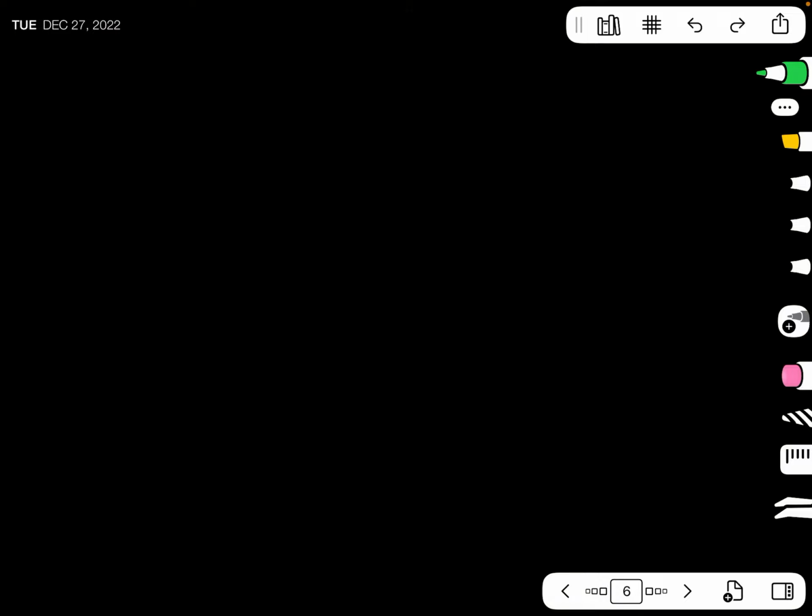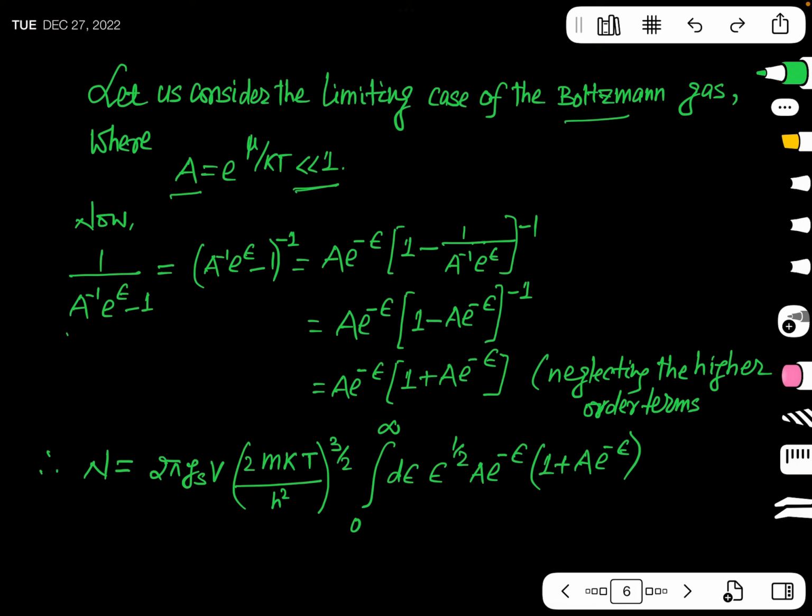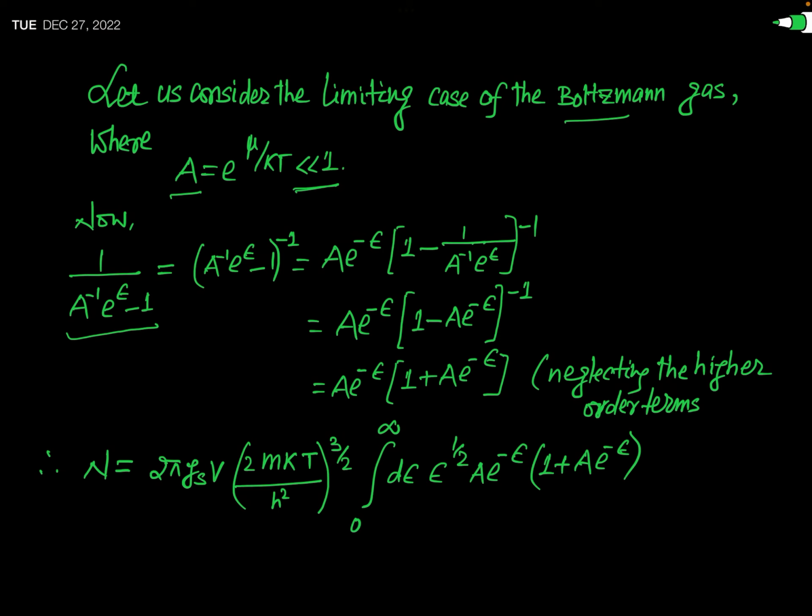So let us see, this is just a binomial expansion. This is 1 over a inverse e to the power epsilon minus 1, and this can be written as a inverse e to the power epsilon minus 1 to the power minus 1. Now, take this a inverse e to the power epsilon as a common factor. Since minus 1 is the power on the whole, when it is outside of the bracket the term will be a into e to the power minus epsilon.